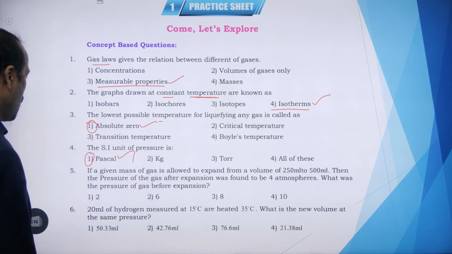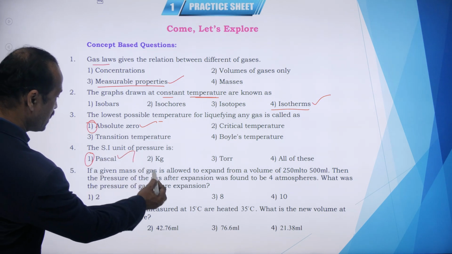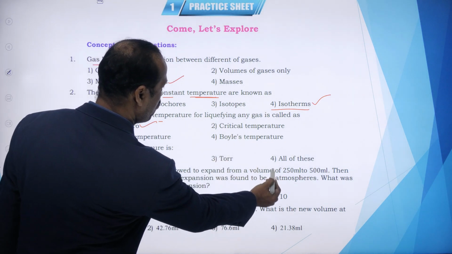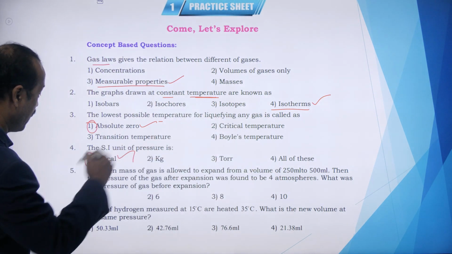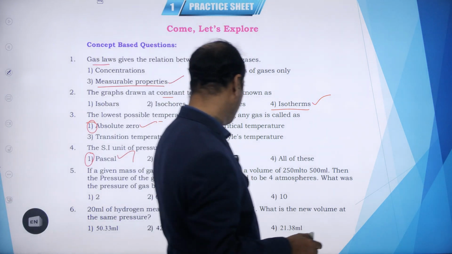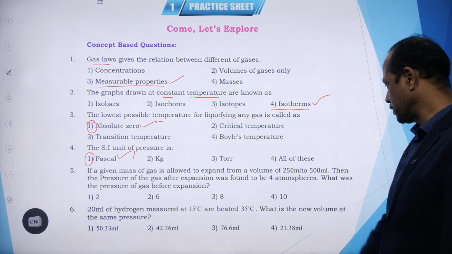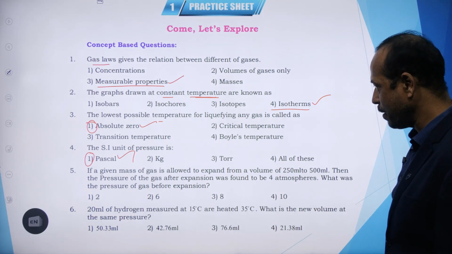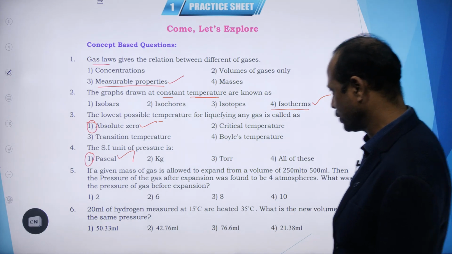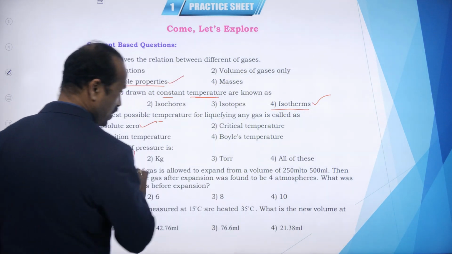Direct questions. If a given mass of a gas is allowed to expand from a volume of 250 ml to 500 ml, then the pressure of the gas after expansion was found to be 4 atmospheres. What was the pressure of the gas before expansion? See students, here 2 conditions are given.